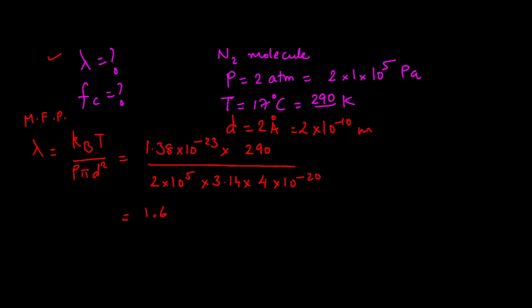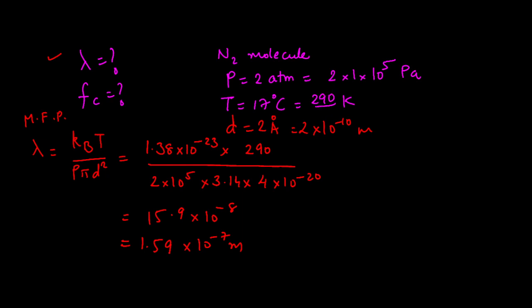So hopefully you all did it now. I'm getting 15.9 first of all from the calculator, and into 10 raised to, this is going to be 10 raised to minus 3 and minus 8. So 1.59 into 10 raised to minus 7. This is what comes. 1.59 into 10 raised to minus 7.